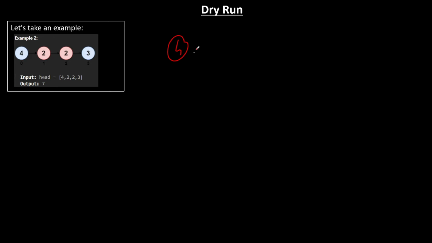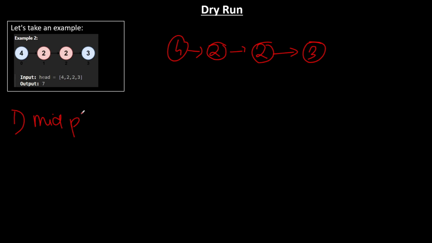So let's do the example. Okay, so this is done. This is done. Okay, first step, the mid part or midpoint, right? The concept used is fast and slow pointer. Second, reverse.